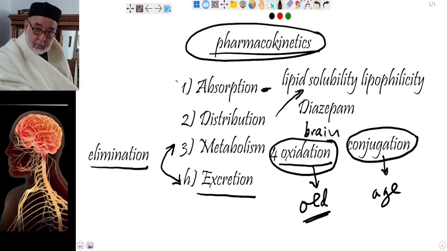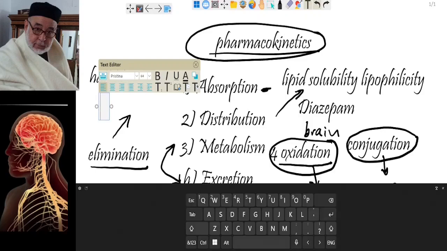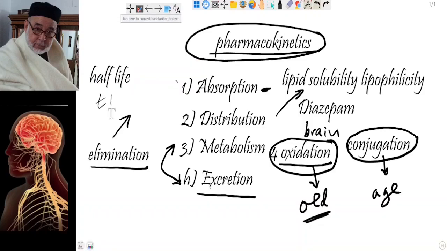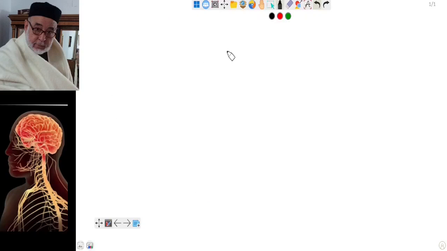Of course, the degree of elimination is determined by what's known as half-life time, as we have discussed before. Half-life time is also known as T-half. So how do the benzodiazepines differ from each other in terms of T-half?